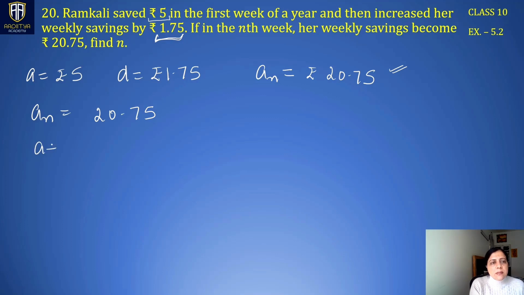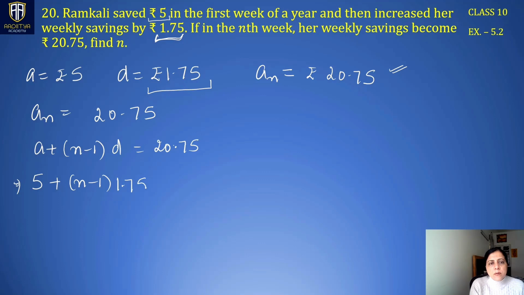The value of an is a plus n minus 1 d, which is 20.75. First value here is rupees 5. She had started with rupees 5 as weekly savings. n we have to find. And the common increase every week is 1.75. Common difference is 1.75.